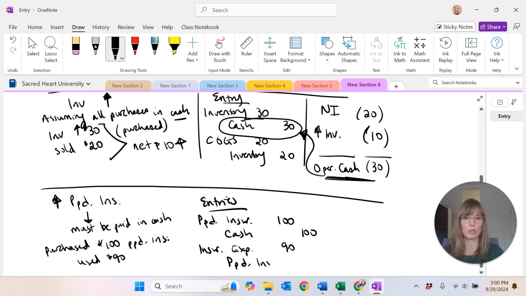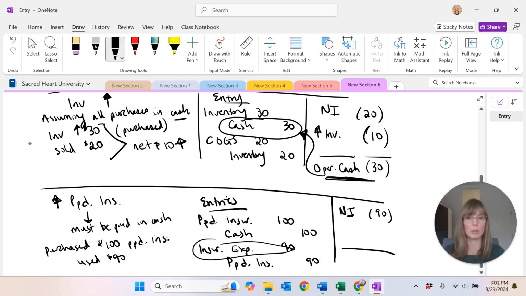And what do we do on the statement of cash flows? Just from these two transactions, net income is negative 90 from our insurance expense. We see that our operating cash is an outflow of 100. So how do we get to that?